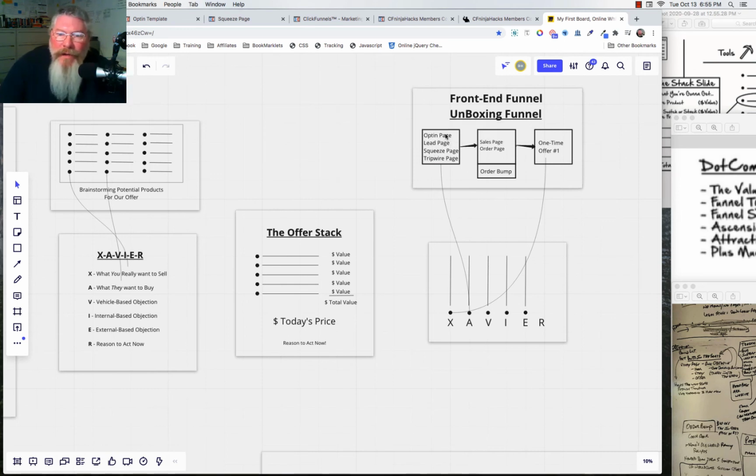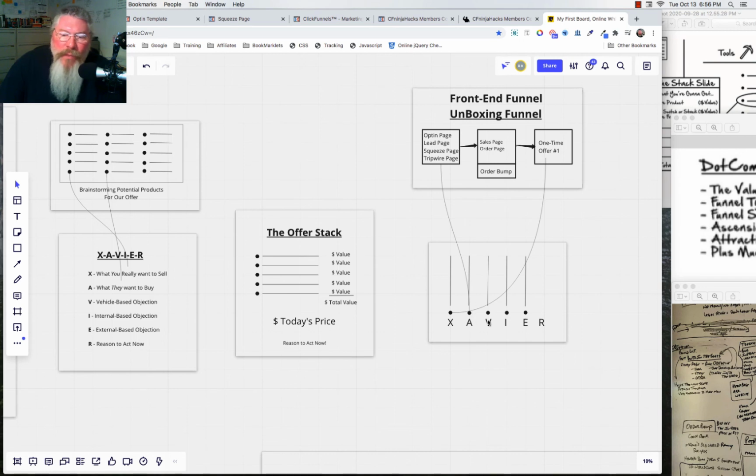So this could be called an opt-in page, a lead page, a squeeze page, a tripwire page, even a bridge page, where basically you are getting somebody's email address in exchange for some sort of tangible item, preferably not a PDF, something tangible where they can actually consume that item. And then we're just going to keep going down the line. So we're going to have our sales video.